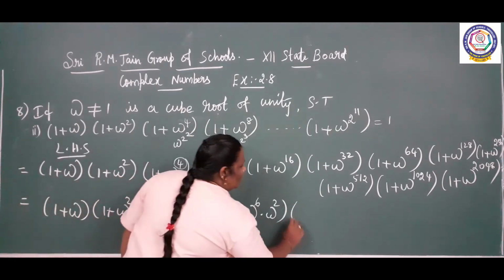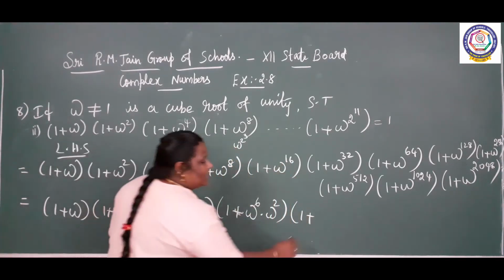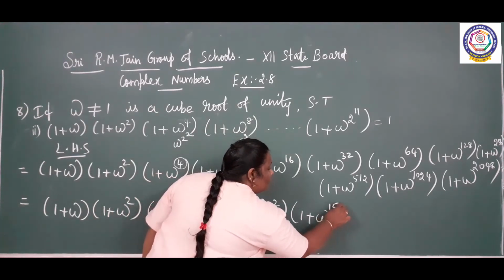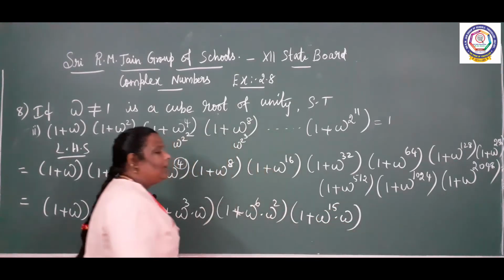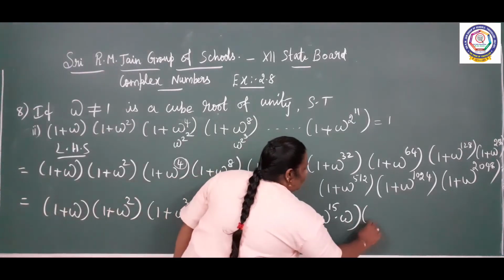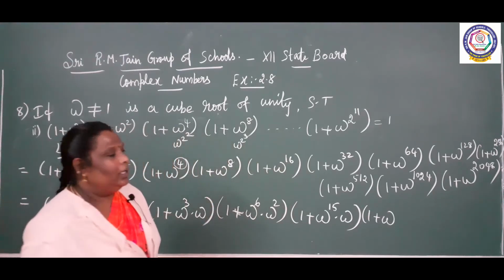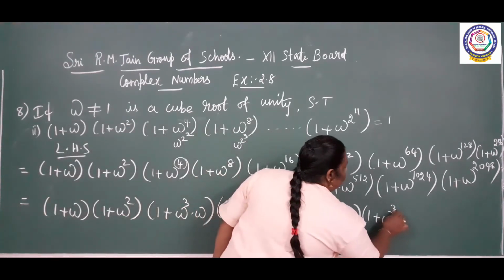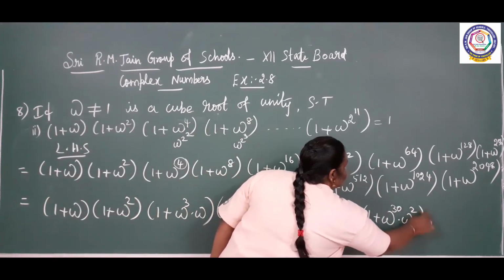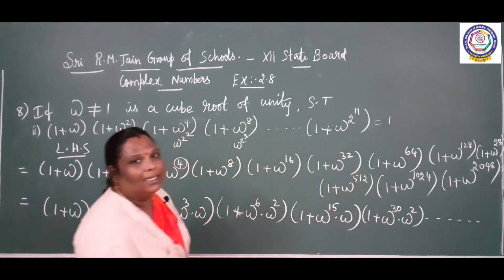See here, 1 plus omega power 16. Omega power 16 I will write as omega power 15 into omega. Here 1 plus omega power 32. 32 means omega power 30 into omega square, and so on. It goes on like this.